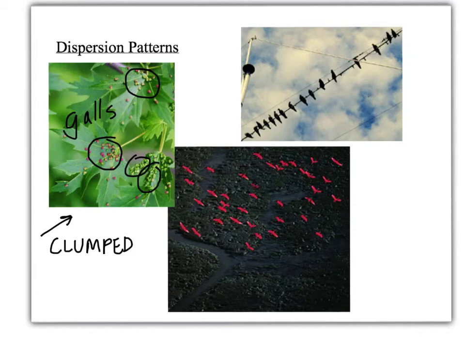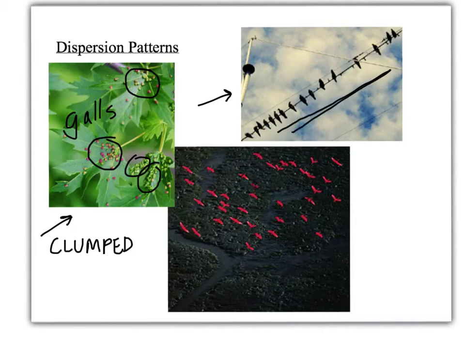Other organisms that might show clumped dispersion patterns might be like sea stars on the edge of a cliff that are all clumped together in one area because of the tide coming up and down. All right, then we have another type of population dispersion pattern that you can see in this picture right here with these birds sitting on the wire. They look like they're not clumped as much as the galls are. In fact, they're pretty evenly spaced across this wire.